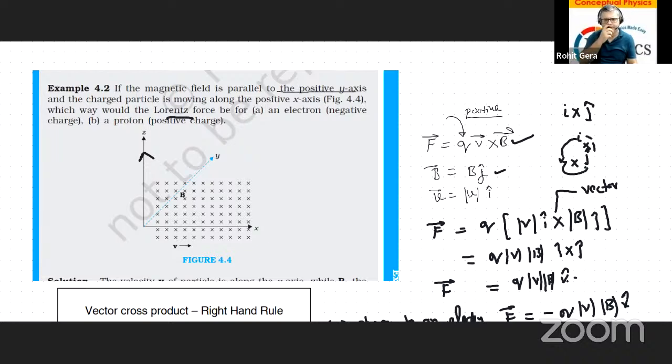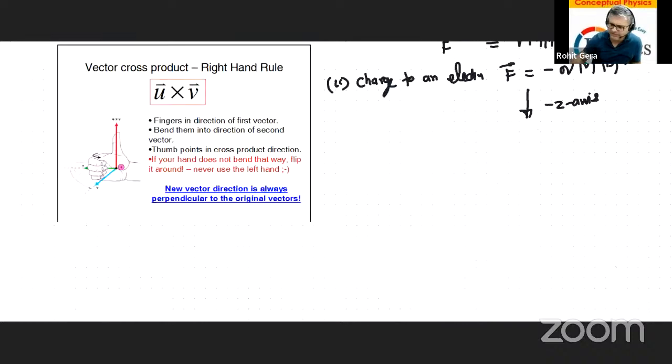Okay. Please tell me the directions of the situations when the force is going to be minimum and maximum. That means no force and maximum force. What are the conditions for maximum force experienced by a charge?